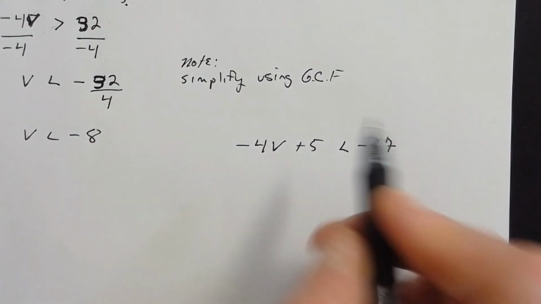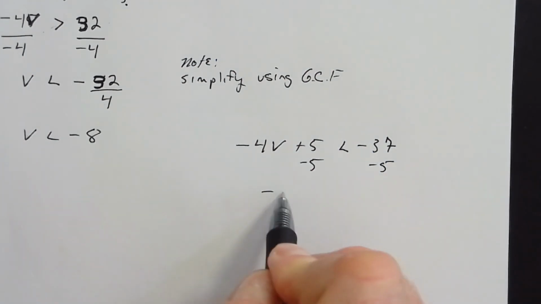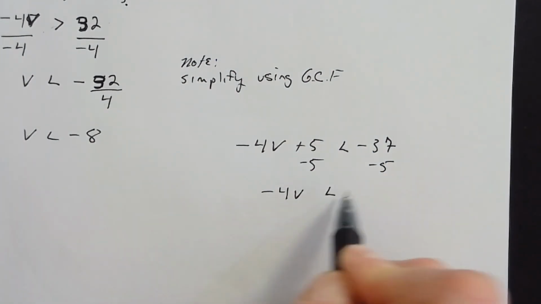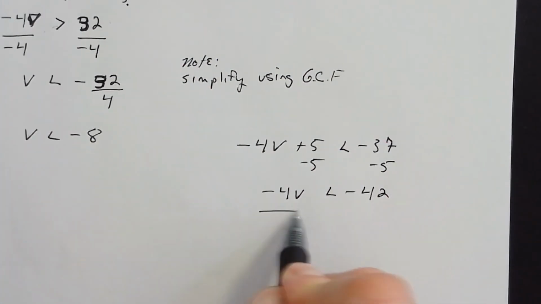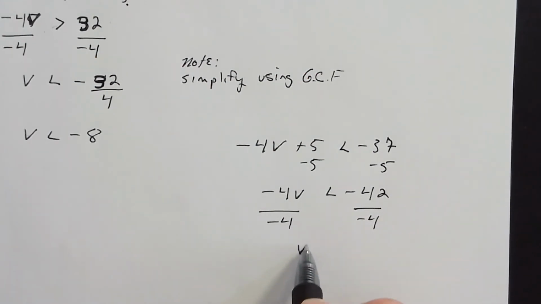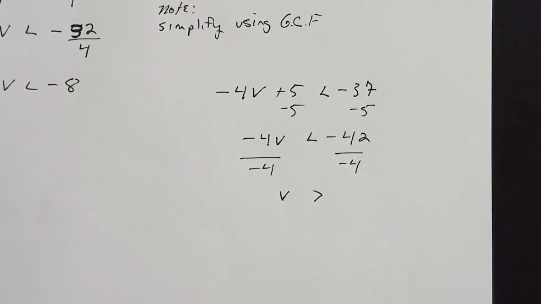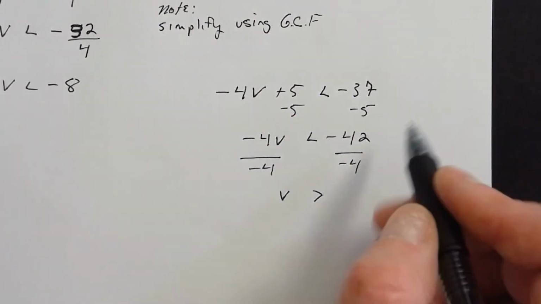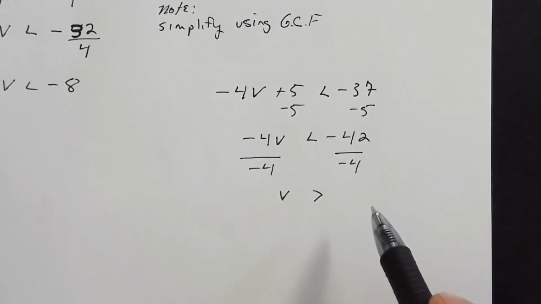Okay, so in this one we're going to do the same thing. We'll just subtract 5, and we have minus 4v is less than minus 42. Divide by negative 4, and v is now greater than... again, use the GCF, so 2 is the GCF here.